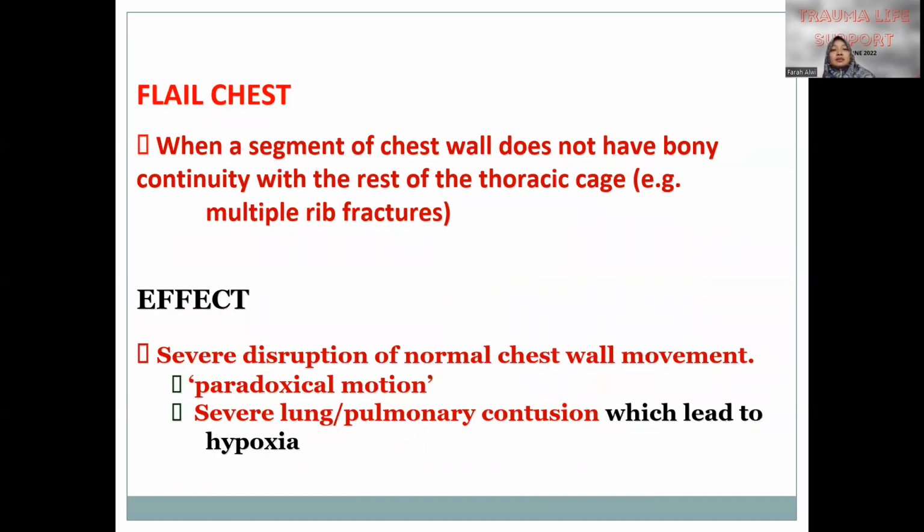Flail chest. Flail chest is when a segment of the chest wall is fractured and discontinued, and collapses. It's not moving according to the breathing. All right, paradoxical chest movement, and it can also cause a severe lung or pulmonary contusion, which can cause hypoxia.